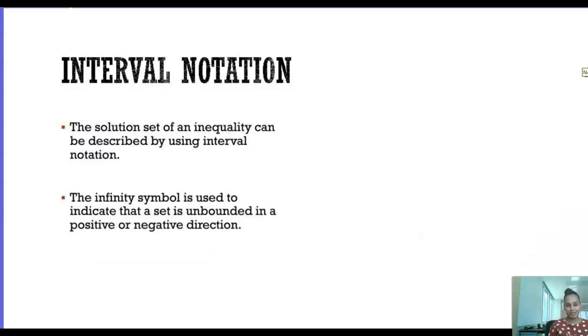So interval notation is just another way to show your solution set. It's written using infinity symbols to indicate a set that is unbounded in a positive or negative direction. So for instance, if something said greater than, then it's going to get positive and positive and positive forever.